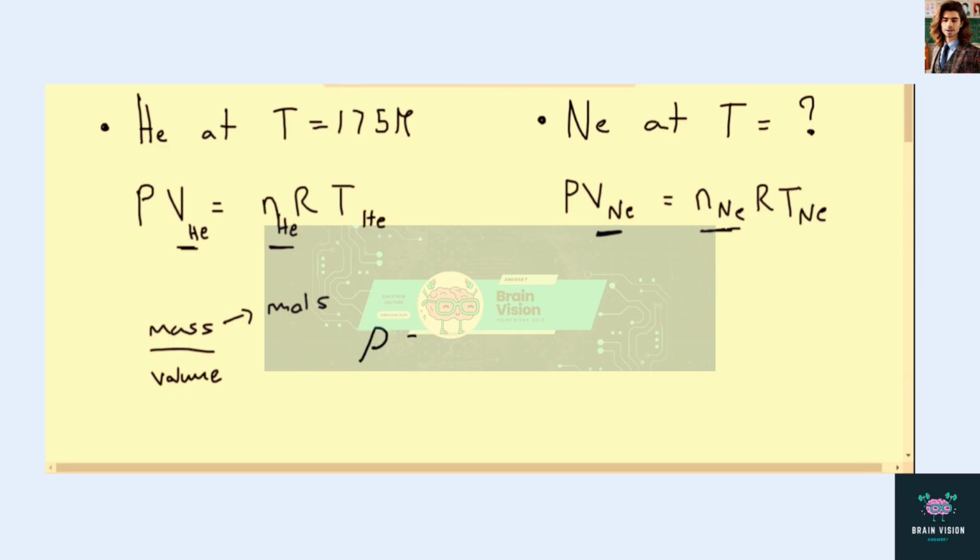We know that density is m over V, and little m is related to the number of moles by the molar mass.